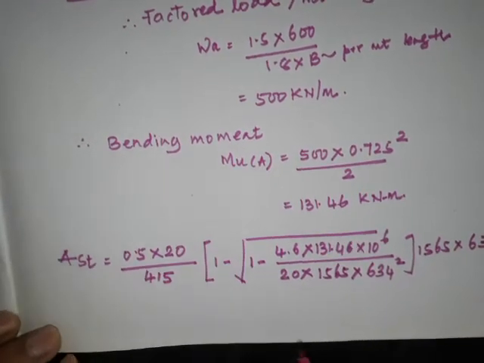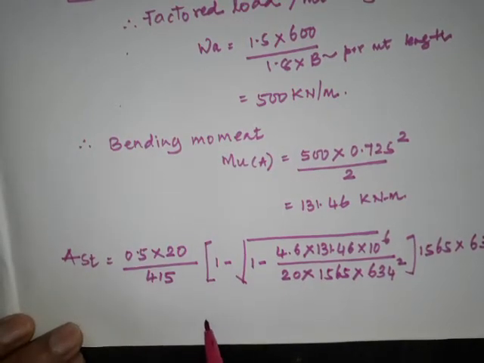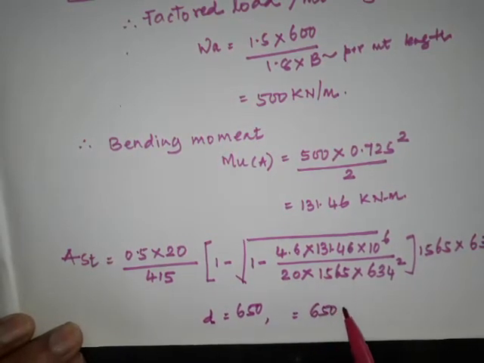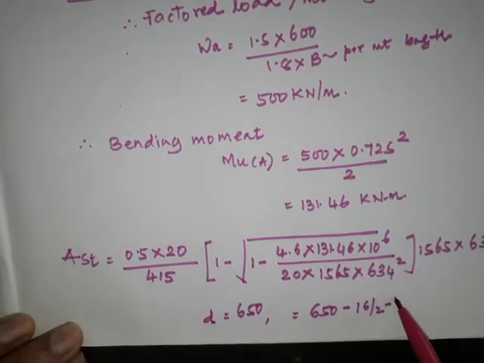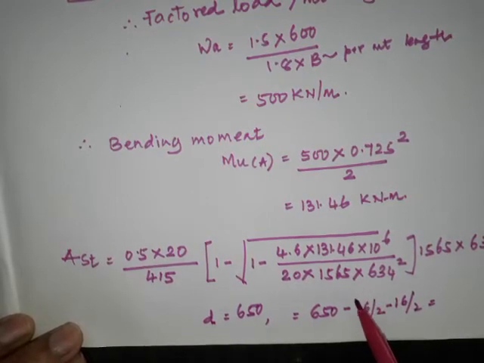Why this 634 means, as I told you, D for main reinforcement is 650, but if you calculate that for transverse reinforcement, 650 minus the dia by 2, you have to make it 16 by 2 minus again 16 by 2. So this is for the main reinforcement and this is for the transverse reinforcement.